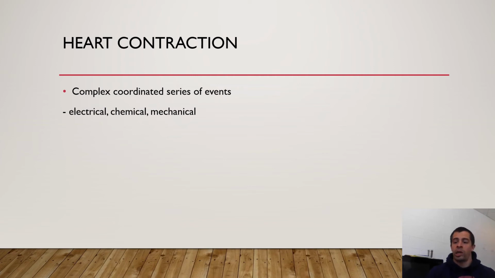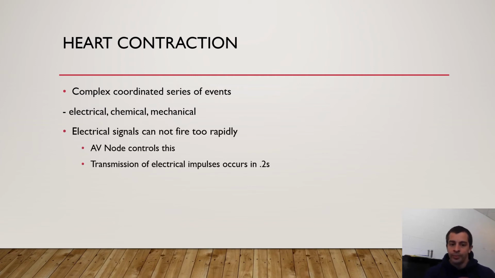We're going to go into electrical a little bit next. An electrical signal really tells your heart when to contract. And this can be neither too rapid nor too slow. It needs to be just right. The AV node is one of the things that control this. Don't confuse the AV node with the SA node, but we'll talk about the AV node next.